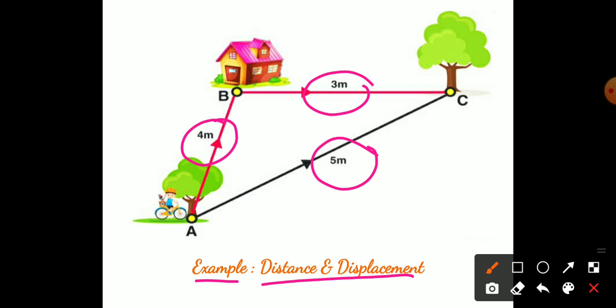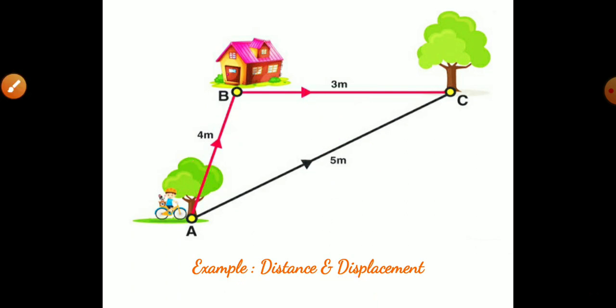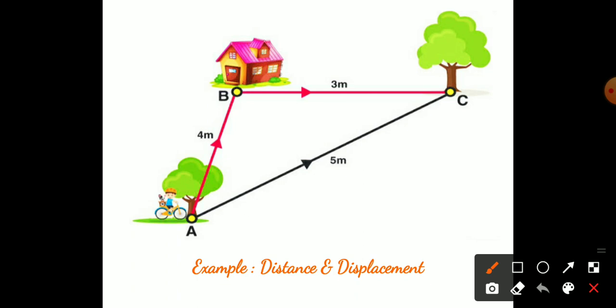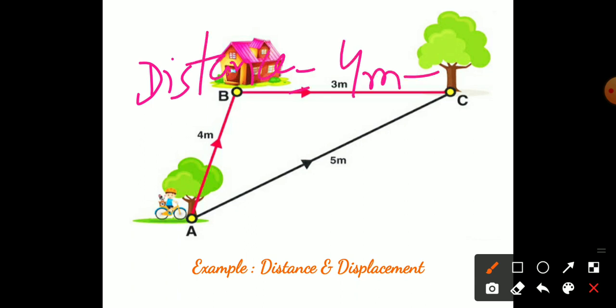So the total distance traveled by the child, starting from point A, with final point C, but traveling through point B, is equal to 4 meter plus 3 meter, which is equal to 7 meter. Now, what was the initial point?